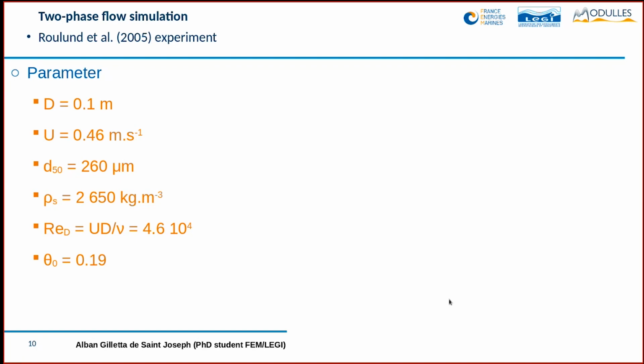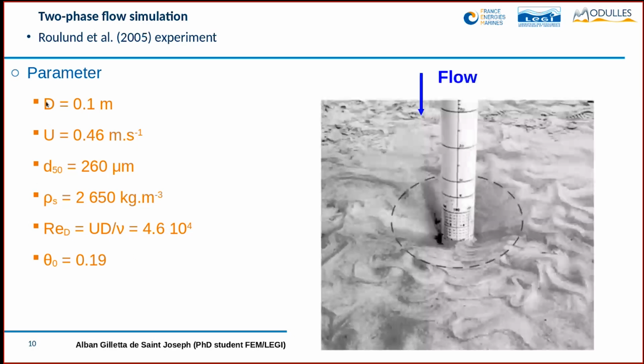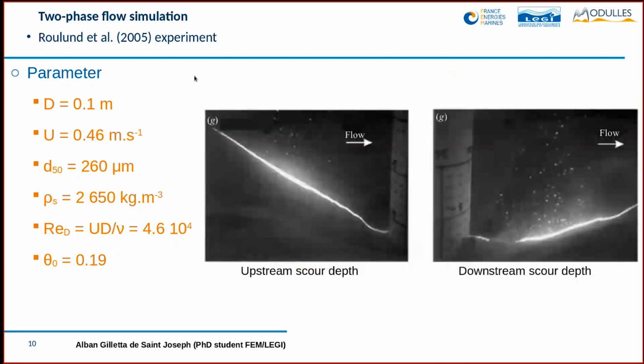Here you have the different parameters. For instance, the pile diameter is only 10 centimeters, but we try to reproduce the same Reynolds number, Shields number, etc. Here you have different pictures of the scour process around a cylinder in the experiment. You see that the scour mark is all around the pile.